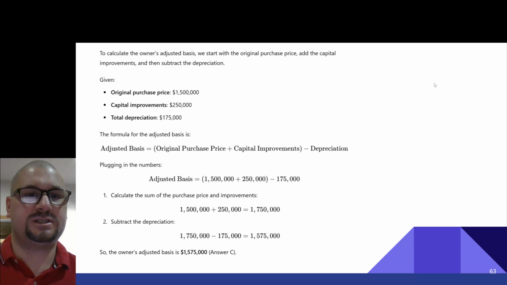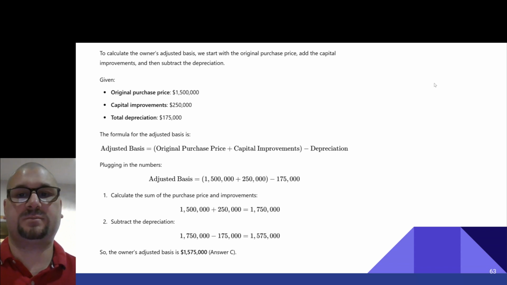The formula for the adjusted basis is equal to the original purchase price plus the capital improvements minus the depreciation. That is the adjusted basis.